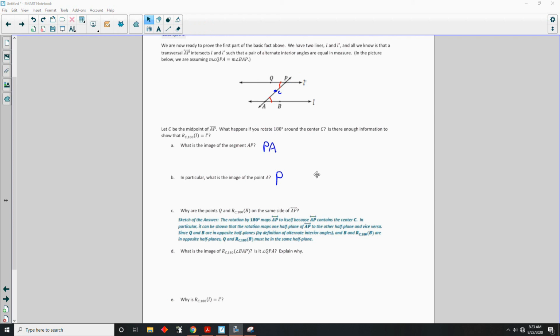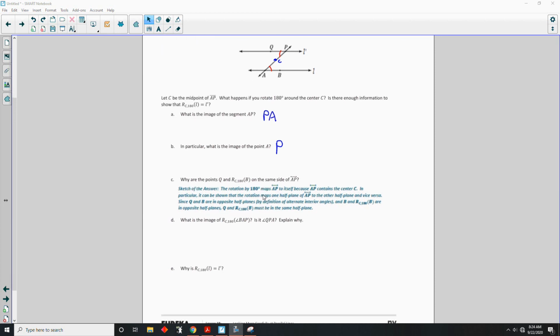The rotation by 180 degrees maps line AP to itself because line AP contains the center C. In particular, it can be shown that the rotation maps one half plane of AP to the other half plane and vice versa. Since Q and B are in opposite half planes by definition of alternate interior angles, and B and the rotation around C of B 180 degrees are in opposite half planes, Q and the rotation centered at C of 180 degrees of B must be in the same half plane.